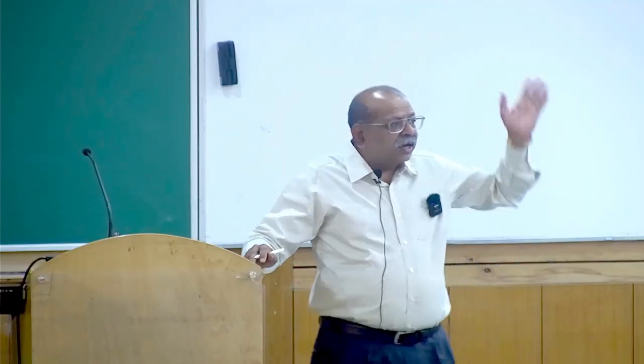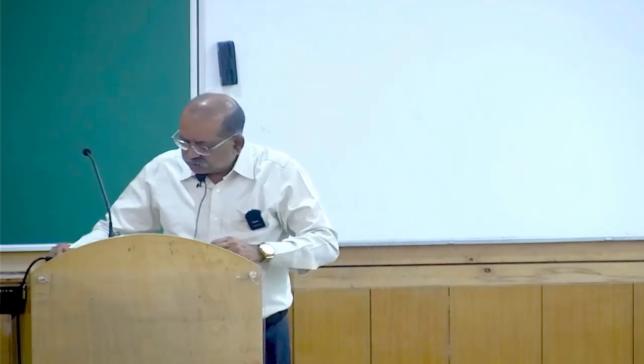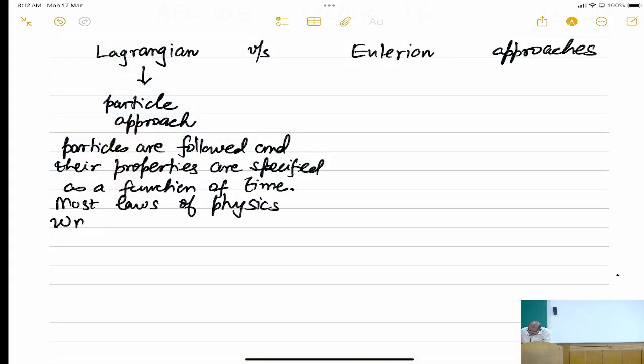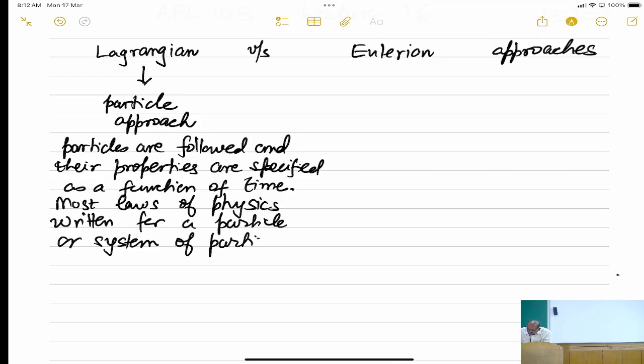So most laws of physics are written for a particle or a system of particles.